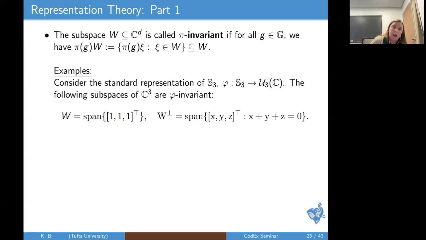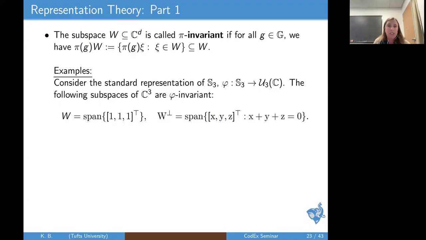In particular, W, which is the span of just the all ones vector, is pi invariant. You can think about that as permutations acting on the all ones vector. It doesn't change anything. We just get something back in that set.